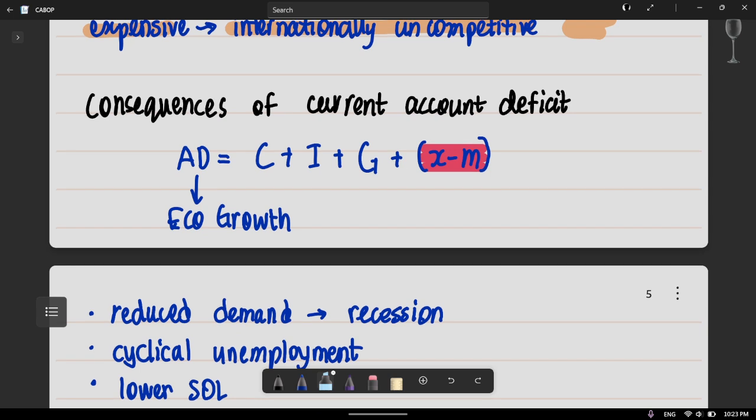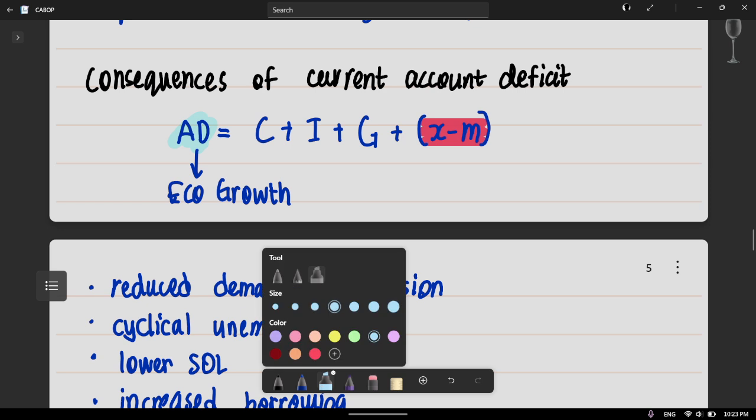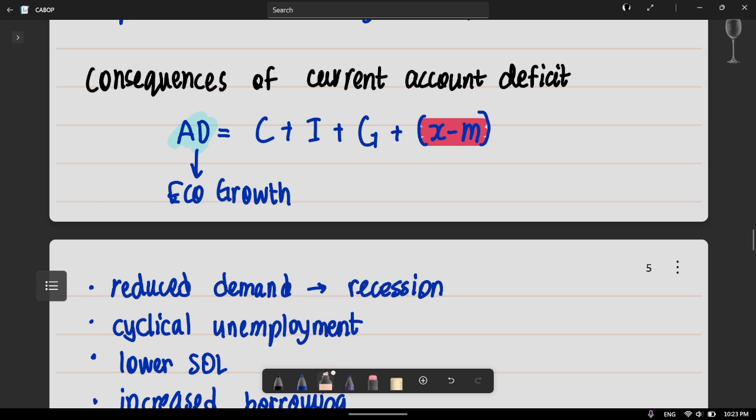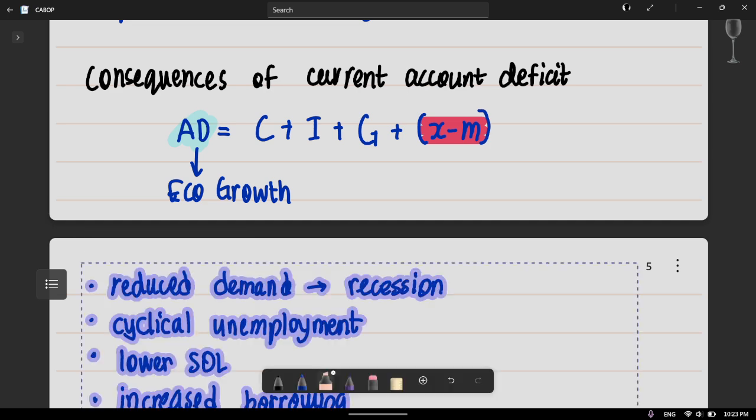Now, the consequences of current account deficit. You know this formula again: aggregate demand or economic growth. If my net exports are going to decrease, that means that my economic growth will decrease, and my aggregate demand will decrease. Once you have this formula, you could literally answer any macroeconomic question.